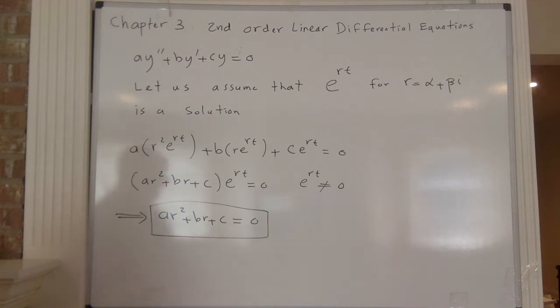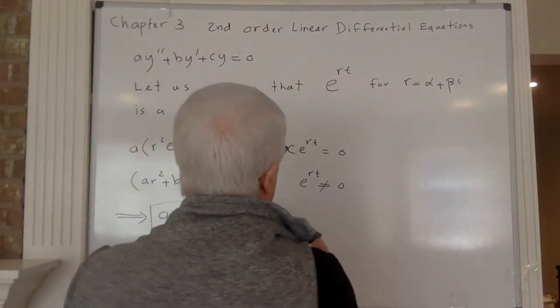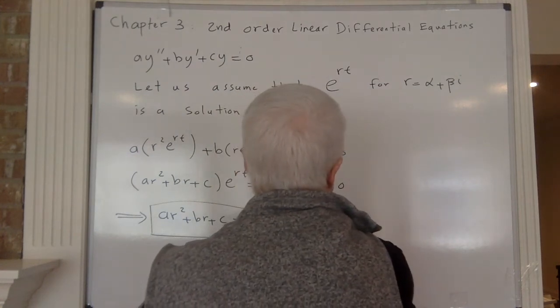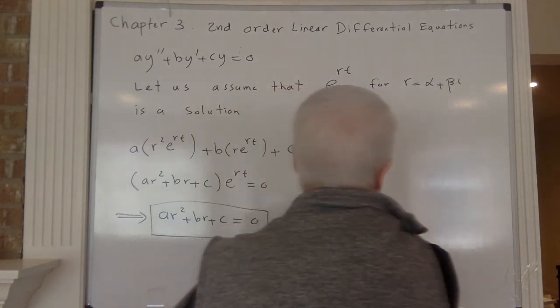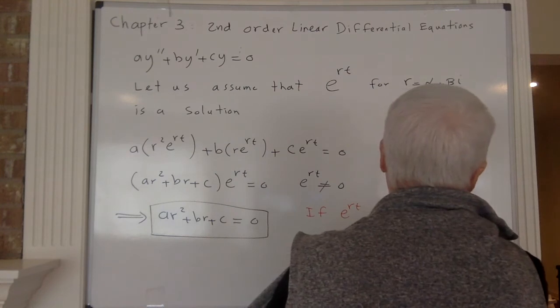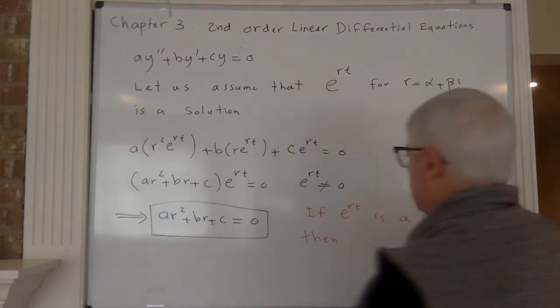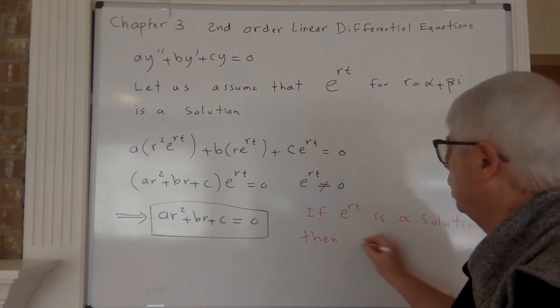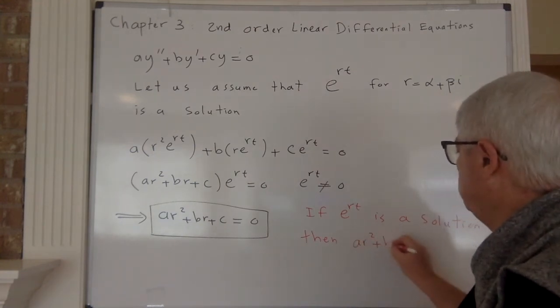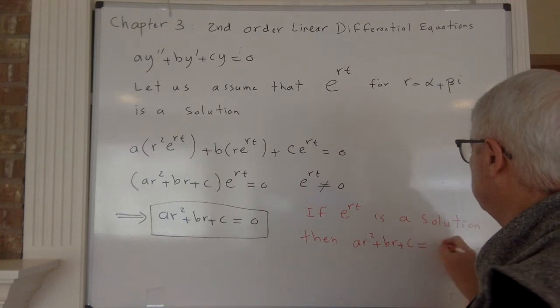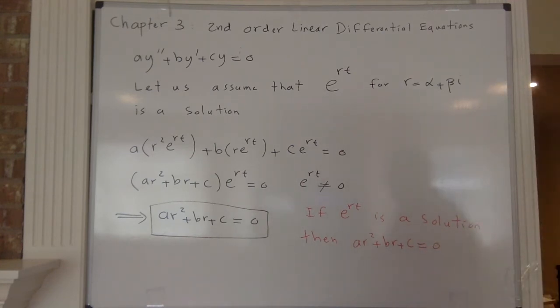Okay, so let me write this in red. This means that if e to the power rt is a solution, then a r squared plus b r plus c should be 0. So if this is a solution, then this should happen.